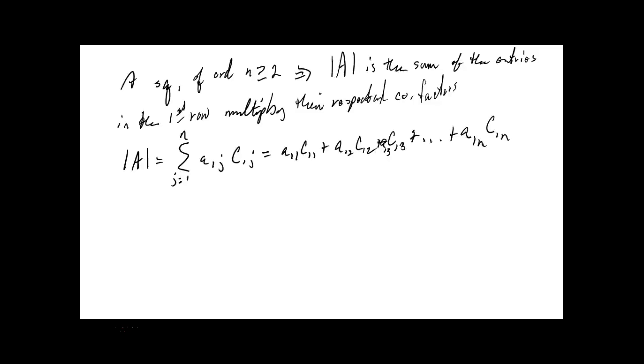But let's just do the 3 by 3 in example 3 using their definition. This will work perfectly fine. Here is A: 0, 2, 1; 3, negative 1, 2; and 4, 0, 1.